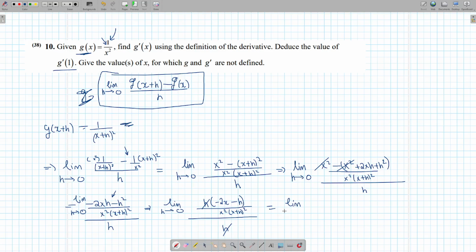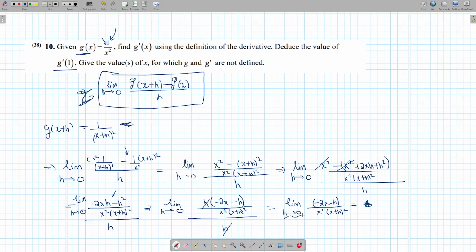So you're going to get, let's continue. Limit, I know it's a lot, be patient. h approaches 0, minus 2x minus h over x squared, x plus h squared. Now, can we simplify anything now? There's nothing else to simplify, right?